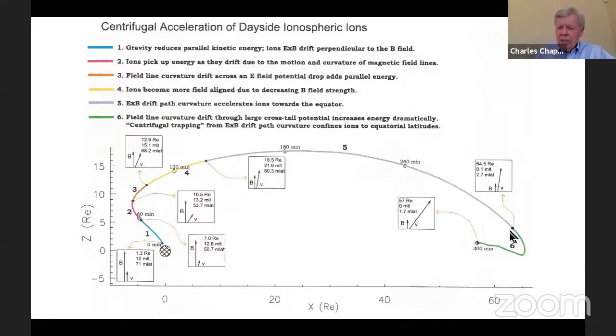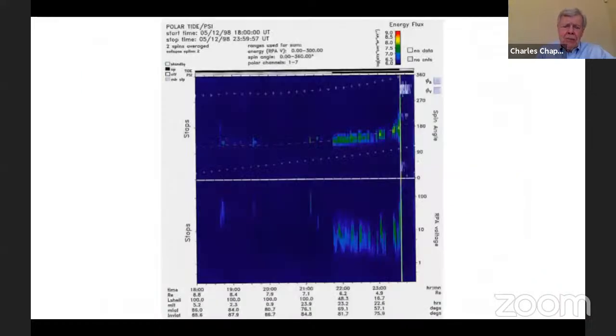Then when it reaches the midplane of the magnetosphere, there are very distended magnetic field lines, and it has a very large curvature drift, again out of the page, drifting in the direction of the crosstail potential and getting further energized. I'm going to come back and talk about that. But that just shows you that a polar wind particle can become more energized in the lobe and then further energized as we get on into the midplane.